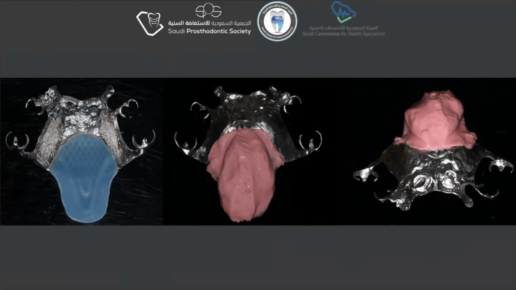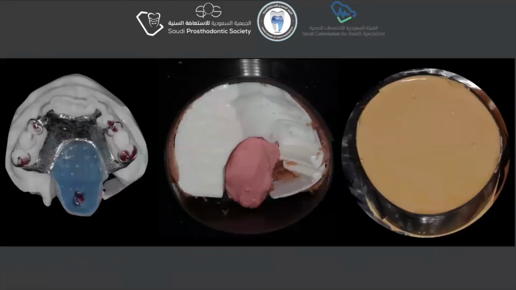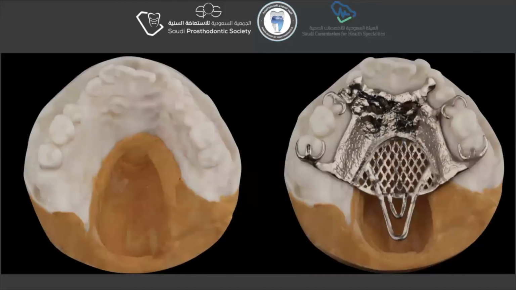Then I fitted the framework with the impression on the printed model, beaded it and boxed it, and poured it with a type 3 stone. So I have my altered master cast, upon which the maxillary obturator is processed following the conventional processing methods for such a prosthetic solution.